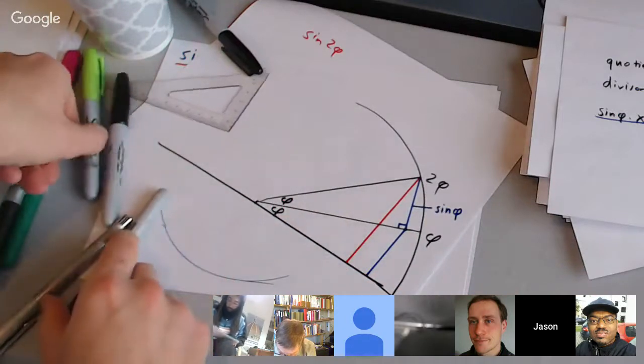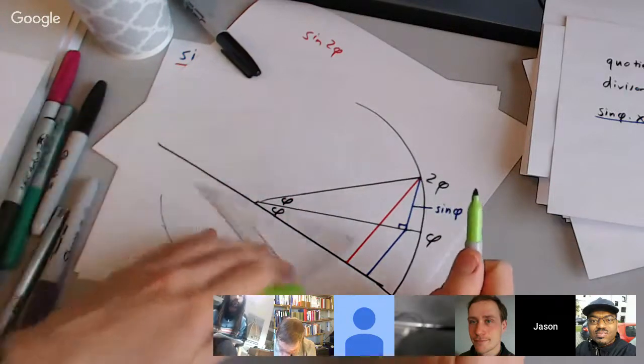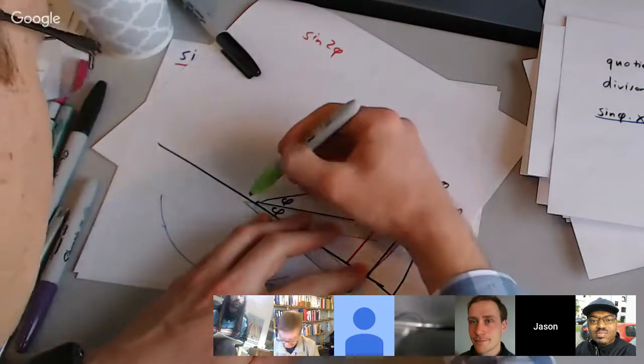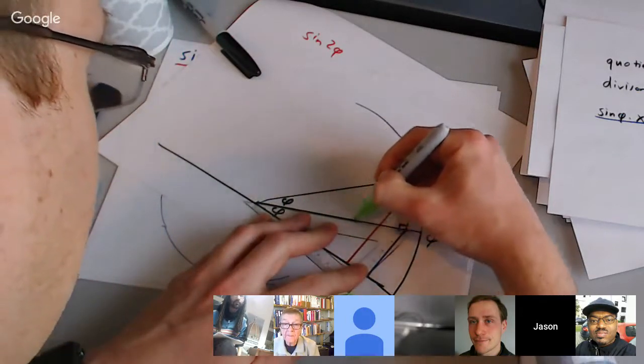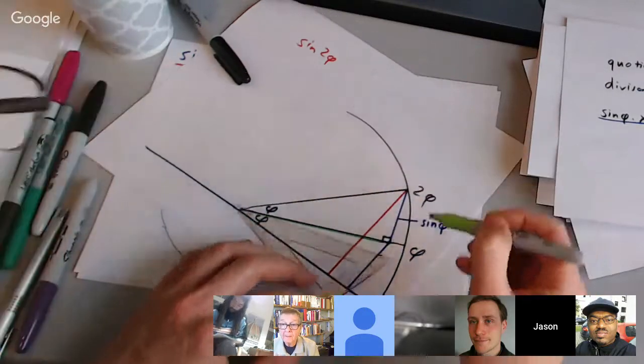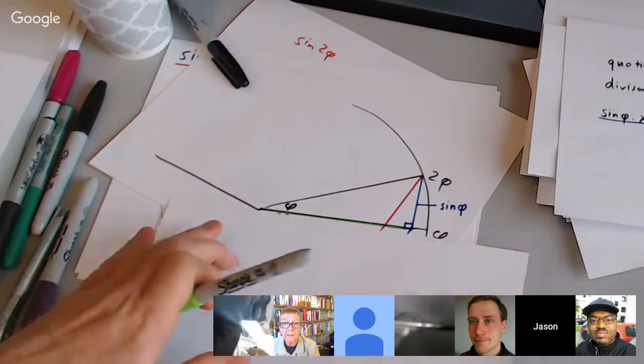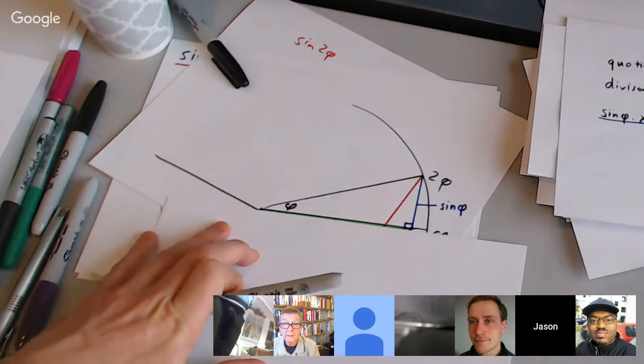Let me also ask what this green length is. How long is the green length here? Cosine of phi. That's right.